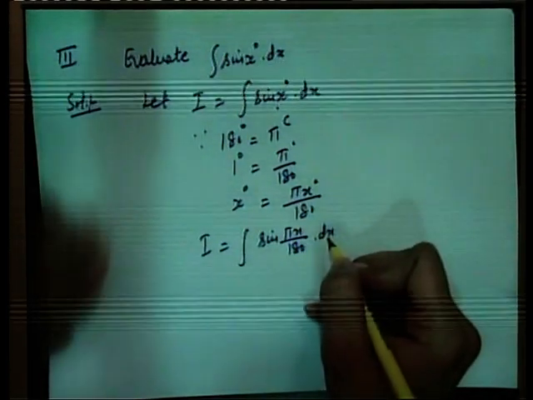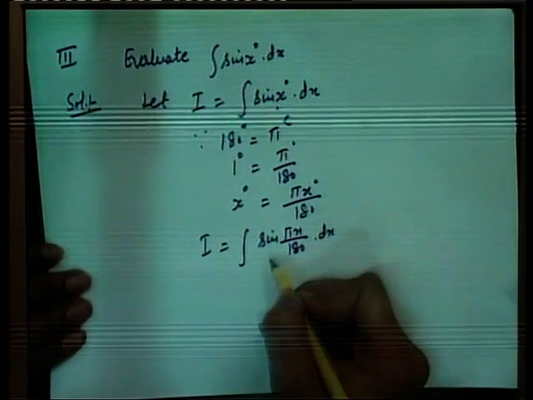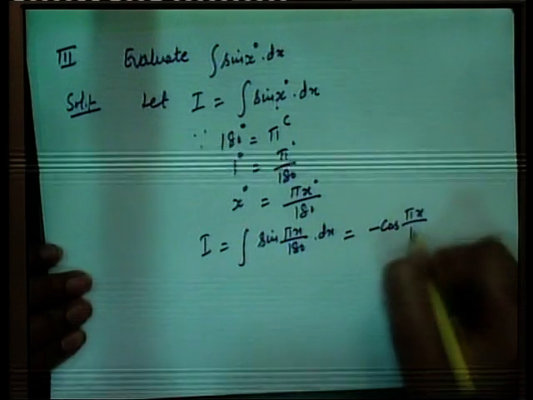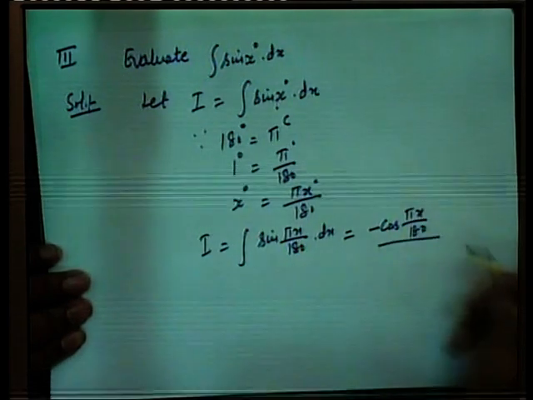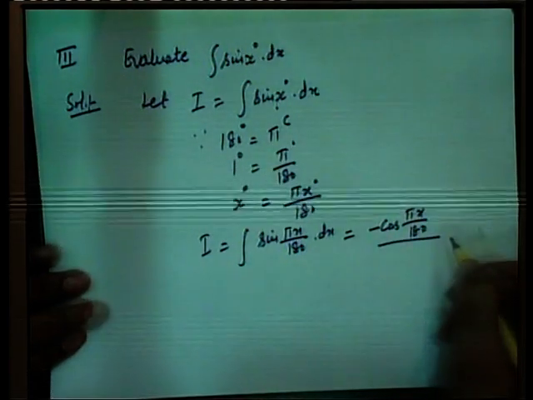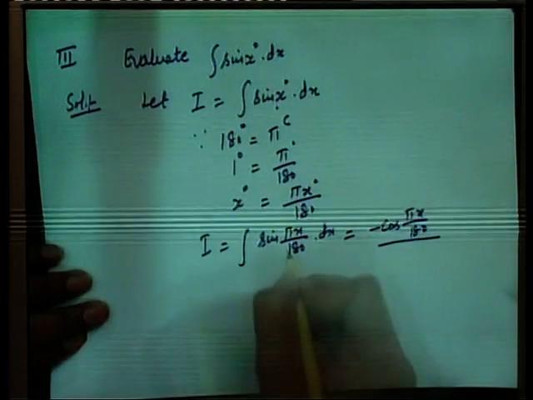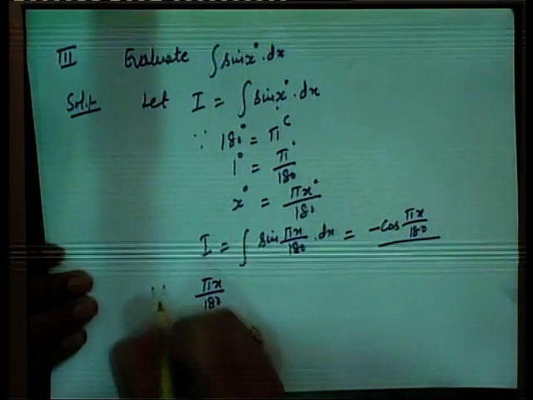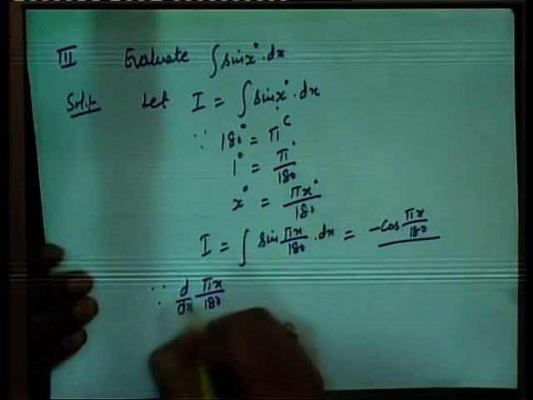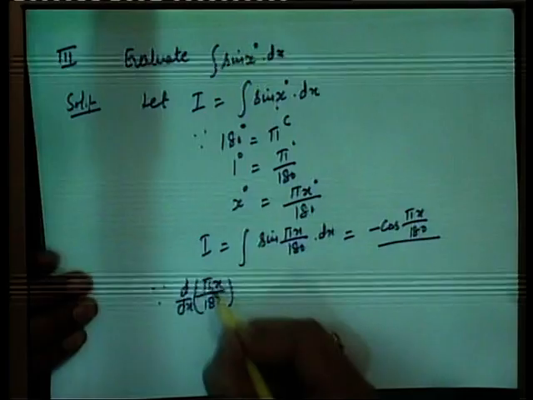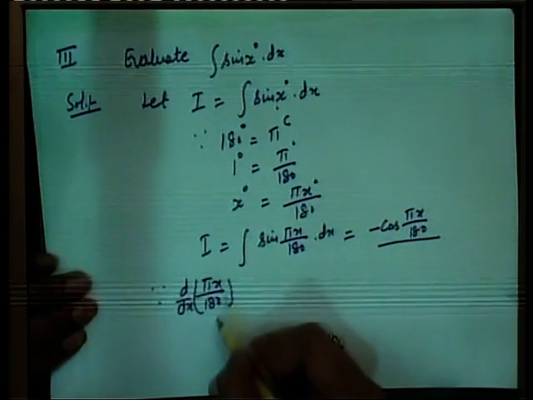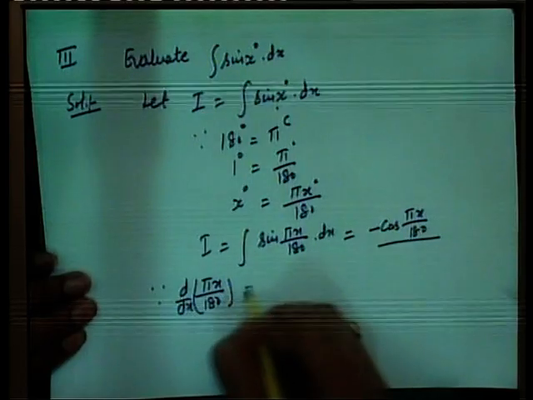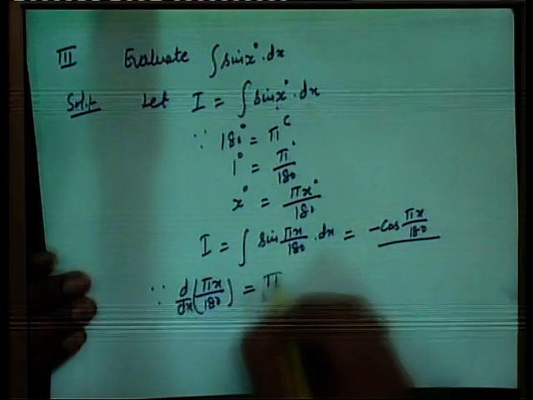Now, we know the integral of sine is minus cos pi x over 180 divided by the derivative of the angle. What do we have as our angle? We have the angle pi x over 180, and the derivative of pi x over 180: pi over 180 is our constant term, x is our variable, so the derivative is pi over 180.